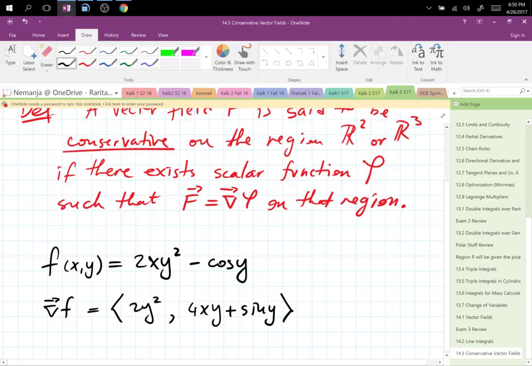And look what you got. You got the vector. Well, this is a vector field, which makes f equal to del phi, and phi is called the potential function.